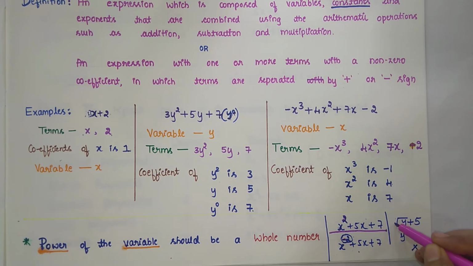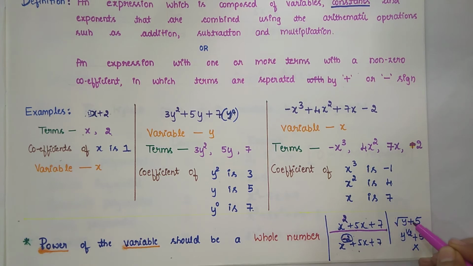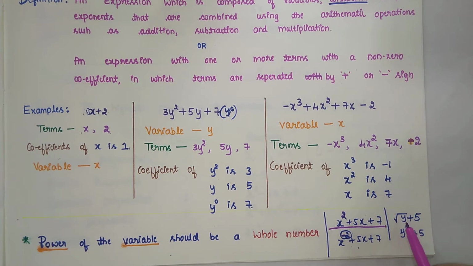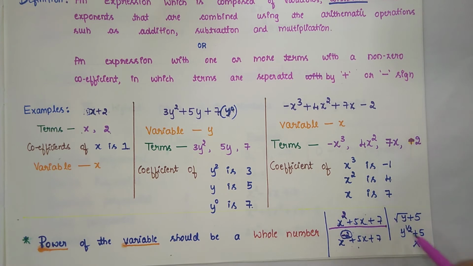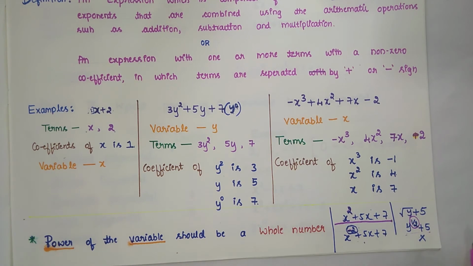Similarly, if we take root y plus 5, we know that root y is nothing but y power 1 by 2. So this also cannot be considered as a polynomial. It is just an expression because y power 1 by 2 and that 1 by 2 is not a whole number. So we cannot consider this expression as a polynomial.